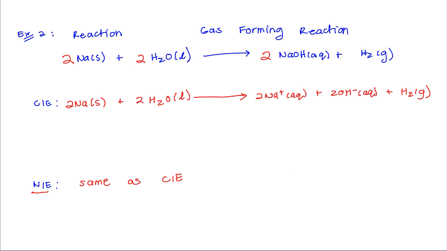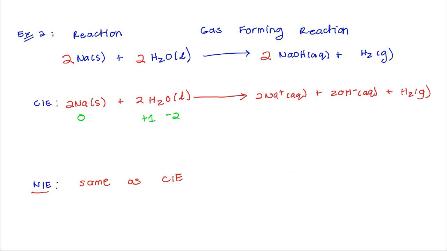Let's start with sodium. Sodium is in its elemental form, so the oxidation state is 0. For water, oxygen always has a -2 charge, and hydrogen, to balance it out, we have a +1 charge for each of those hydrogens. Now let's look at the product side.